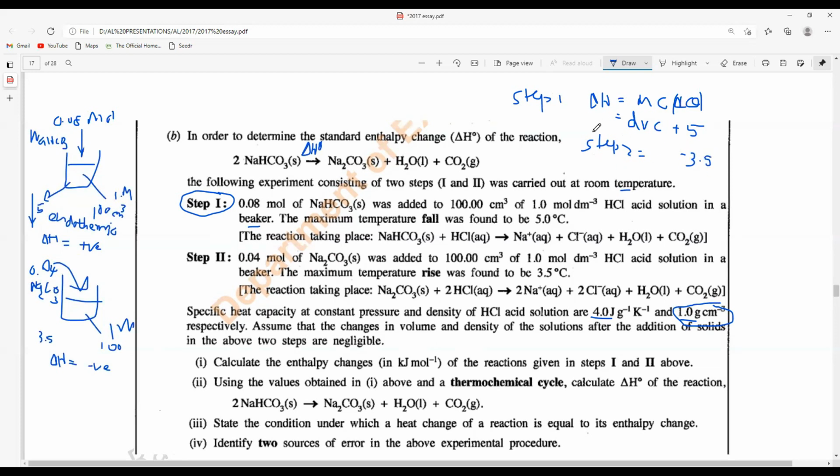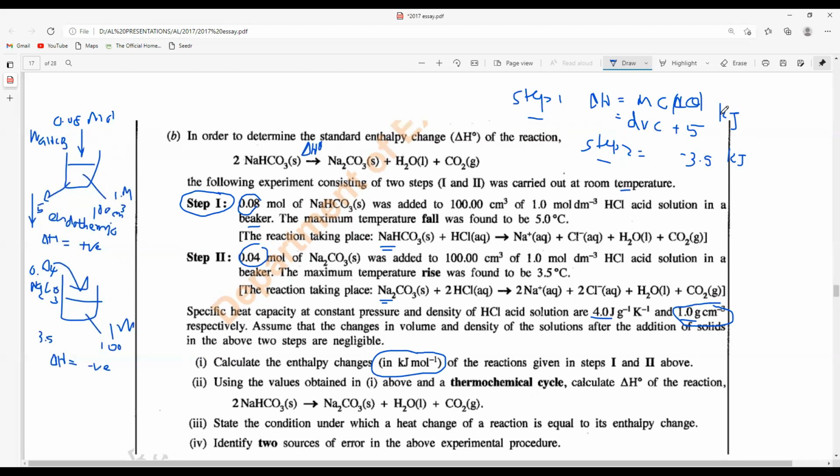Then you have to find these two values, and this one will be a positive value, and this other will be a negative value. When you solve this, you will get an answer in kilojoules, but you have to find it in kilojoules per mole. So how do you do that? You are given the amount of sodium bicarbonate used and sodium carbonate used.